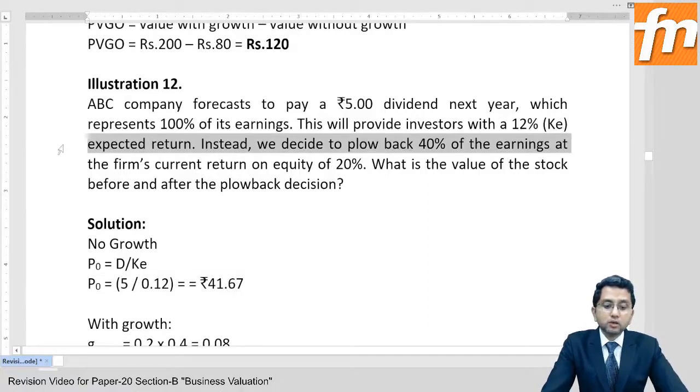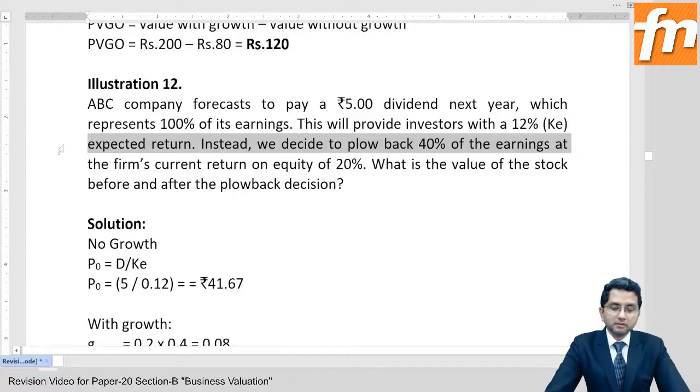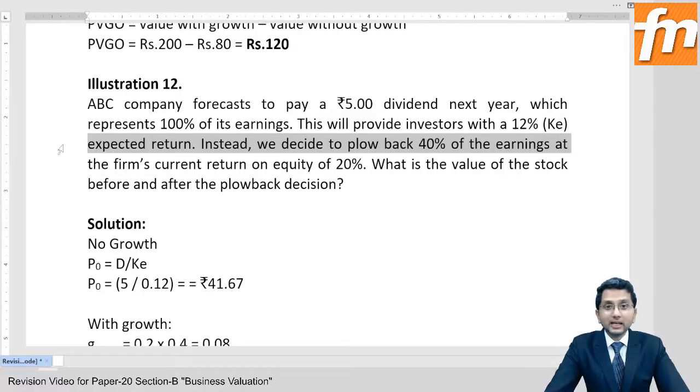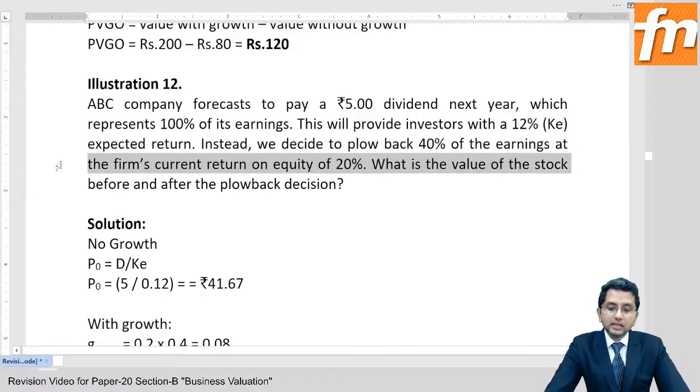Instead, we decide to plow back 40%. Plow back means retain and reinvest. It simply means retention ratio is 40%. And ROE, return on equity, is 20%. Firm's current return on equity is 20%.